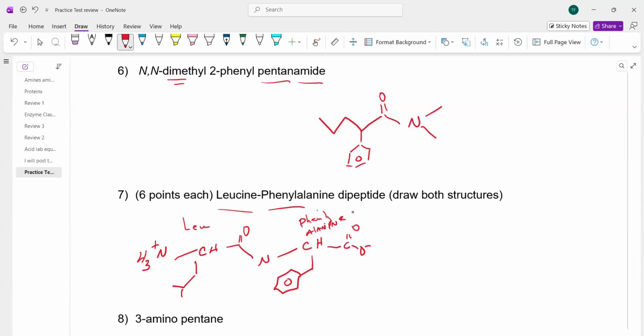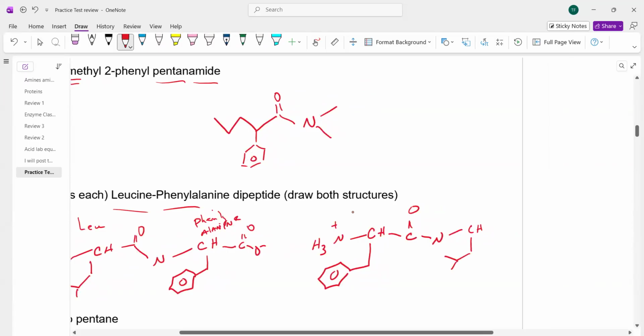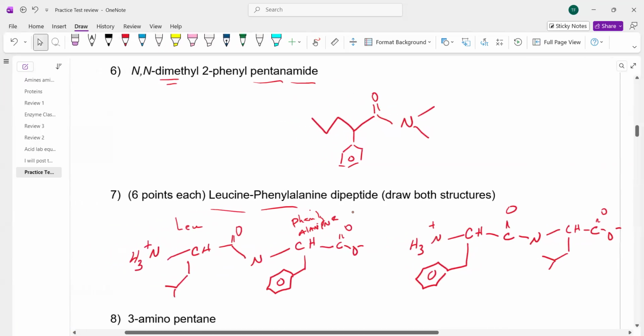Okay, and then we're going to swap these two, where on the N-terminal end, we're going to have the phenylalanine. And again, this is outside the body, non-enzymatic.